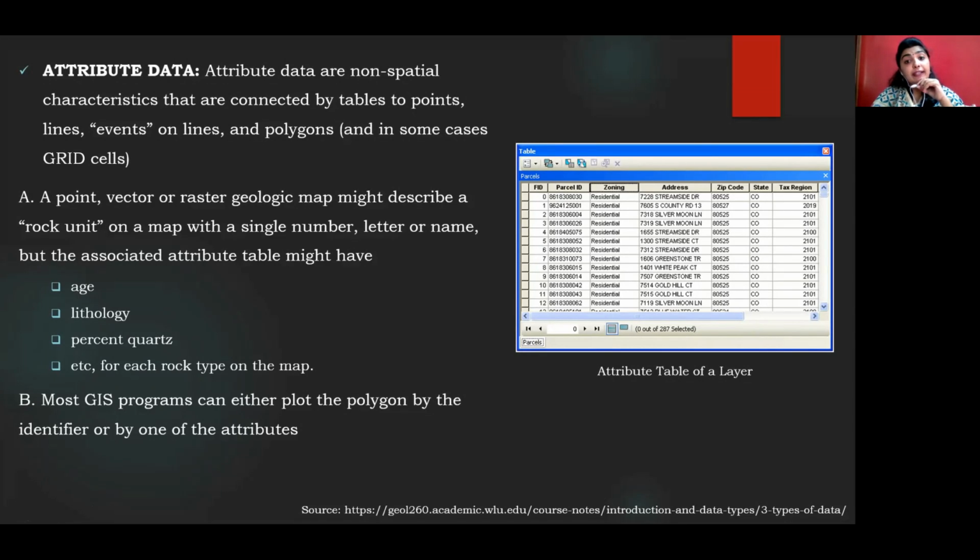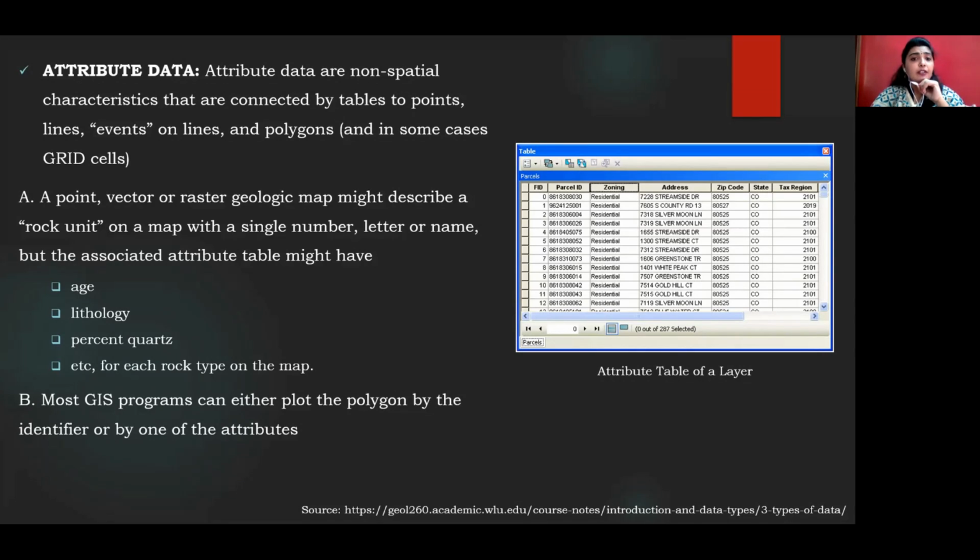So when I want to do analysis, say I want to construct a buffer for the line, I will select the line and then do the buffering, say some 2 kilometers away from the ending point or something like that. That kind of analysis will be based on my attribute data.